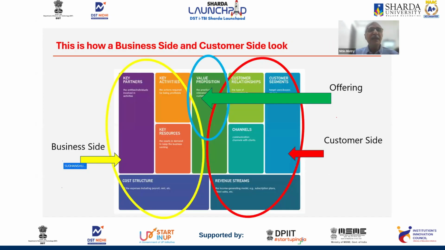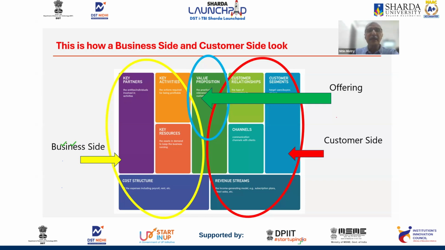Now for the 9 blocks, I have written customer segments, channels, customer relationships, revenue streams, key resources, key activities, key partners, cost structure, and value proposition.